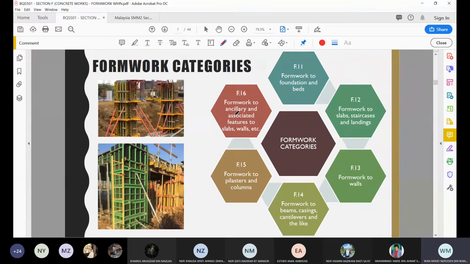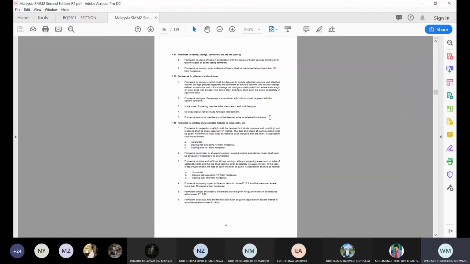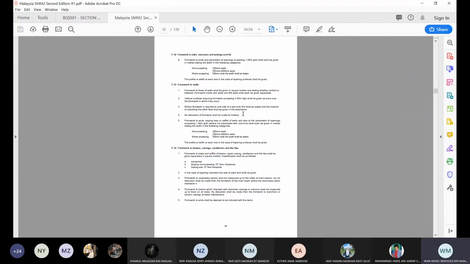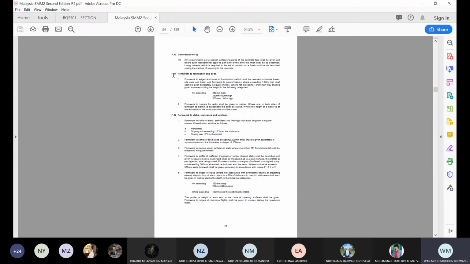Okay, untuk formwork categories, there are six formwork categories lah. Formwork categories ni according to kita punya SMM lah. SMM kita start dengan F11 lah, formwork to foundation and backs kan.